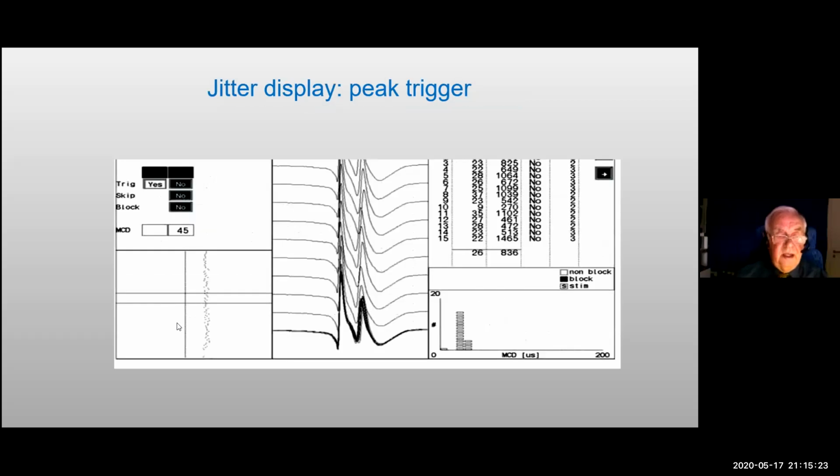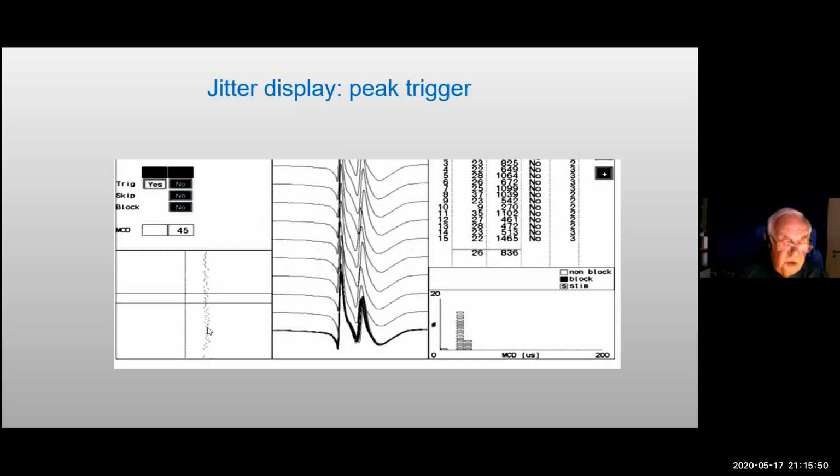Another technique which we use for peak trigger is the following. We have the first signal here, the second here. Here I superimpose, and each peak is seen as a dot. Here are the triggering peaks, absolutely stable on the screen, and here is the variation, the jittering peak.